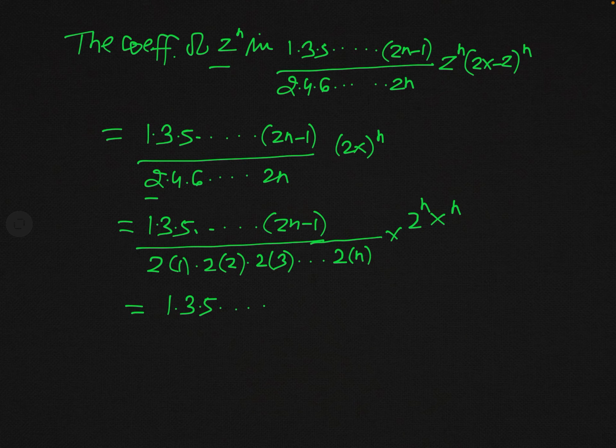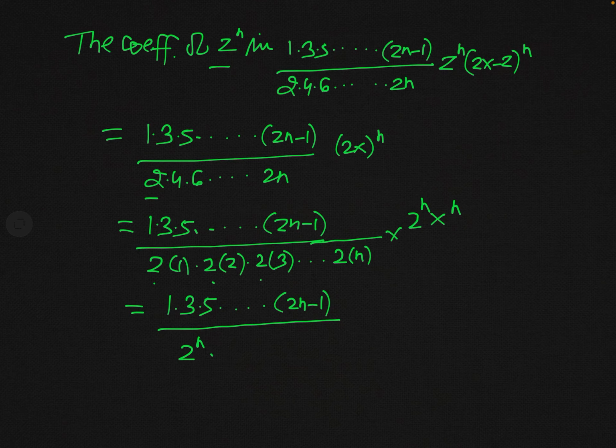This is a very easy calculation, you can see now. So see, this is 1 into 3 into 5 into so on into 2n minus 1, divided by... You can see in the denominator this 2 into 2 into 2 into 2, this 2 has been multiplied in fact n times.